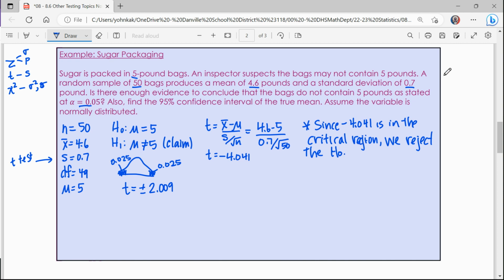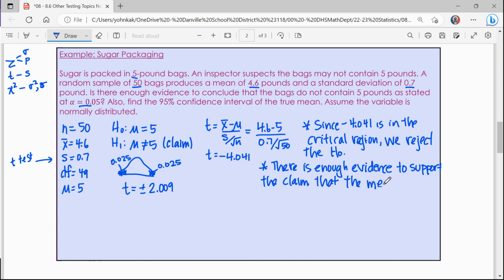Okay, so our final hypothesis sentence: since we are rejecting the null and our claim is the alternative, there is enough evidence to support the claim that the bags do not contain 5 pounds.